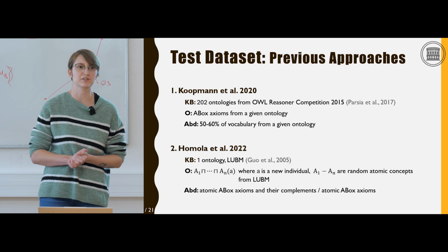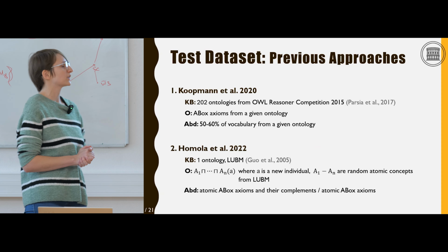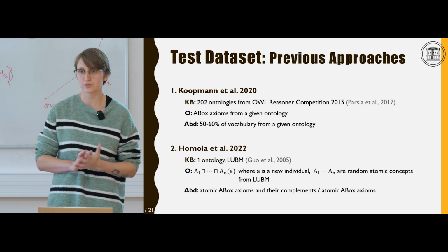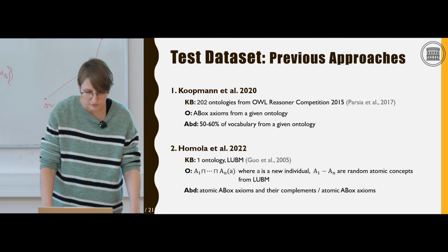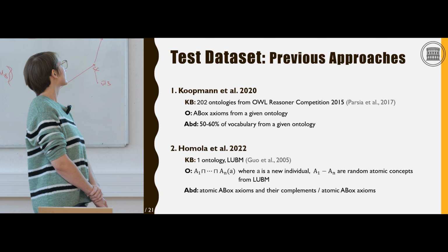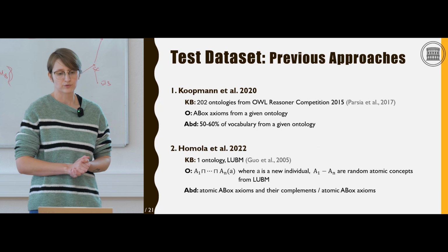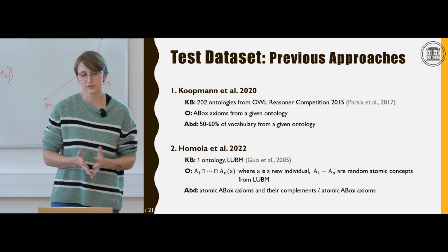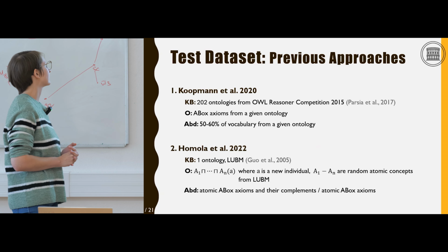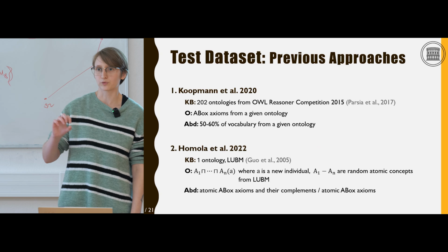Here are some previous approaches, and I will briefly talk about them and point out some issues with them. So the first approach by Koopman uses 202 ontologies from a reasoning competition, and observations are generated in such a way that they were taken directly from the ontology.